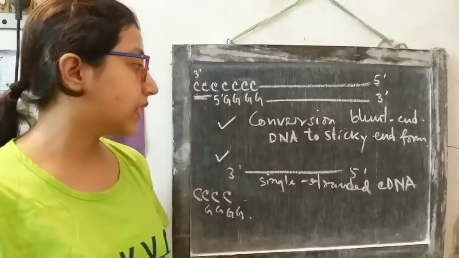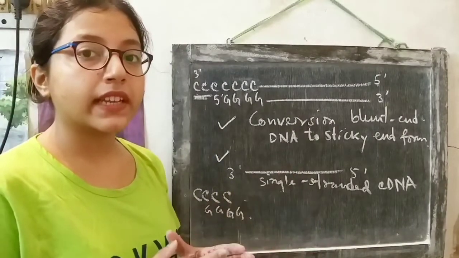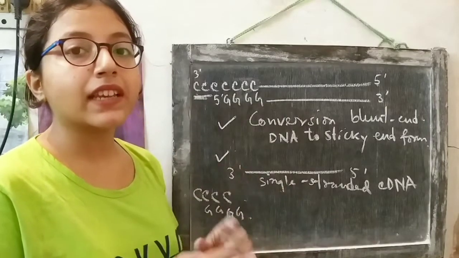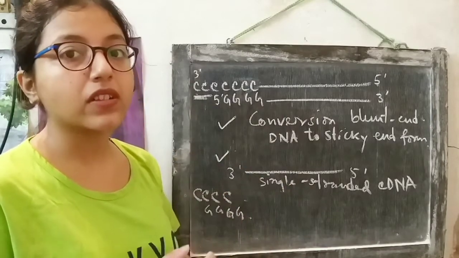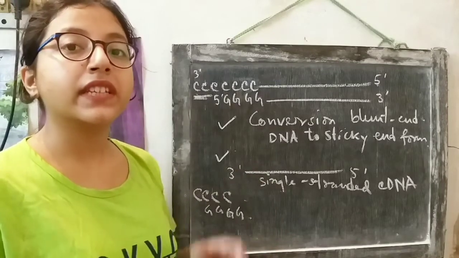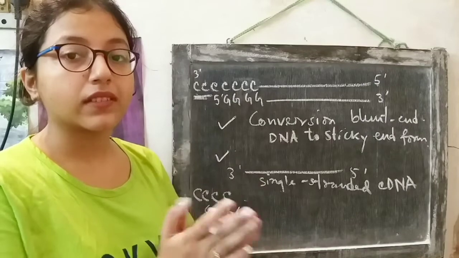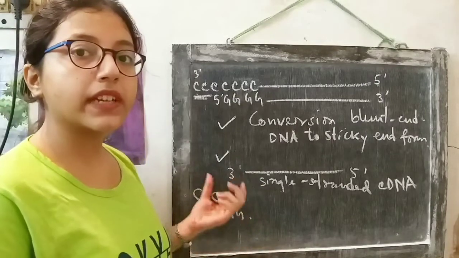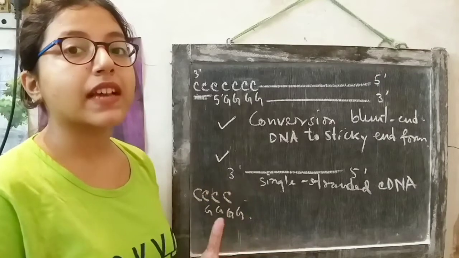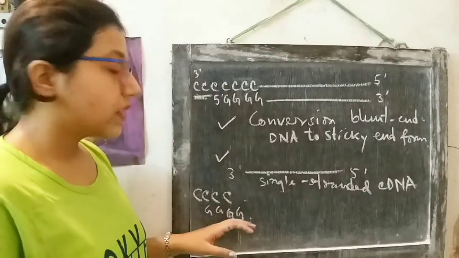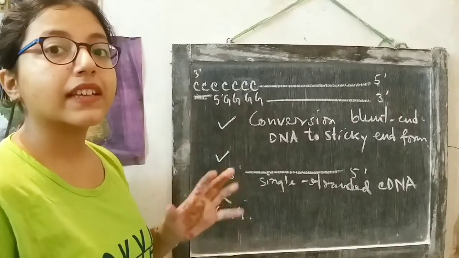If homopolymeric tailing is not done in this step, then primer designing is quite difficult because we do not know the sequence of the DNA. For the synthesis of the primer, the DNA sequence must be known, otherwise we cannot design the primers. But if we use the homopolymeric tailing method, primer designing becomes much easier because single nucleotide primers are easy to design.